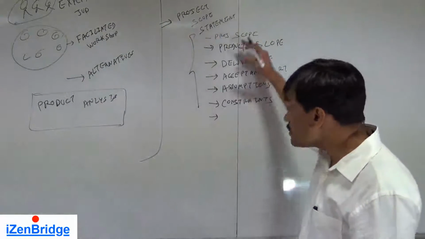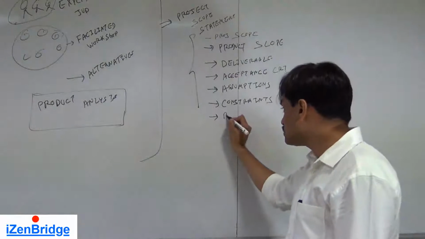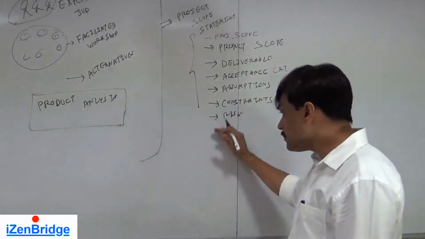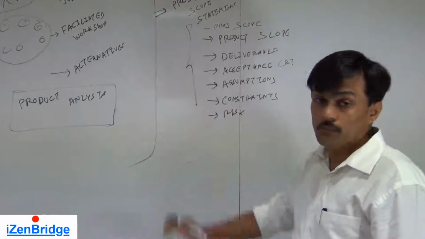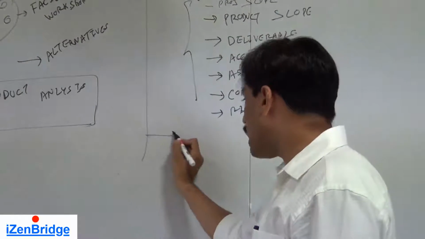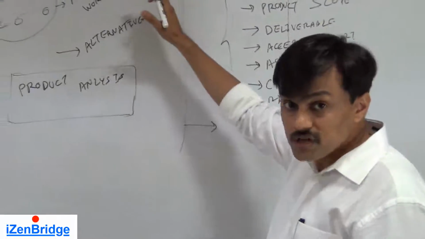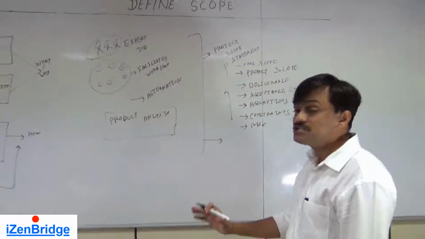These are some of the sections. You may have more sections talking about possible risks and others related to the project scope statement. Along with this, we have another output: the define scope process may update project documents.